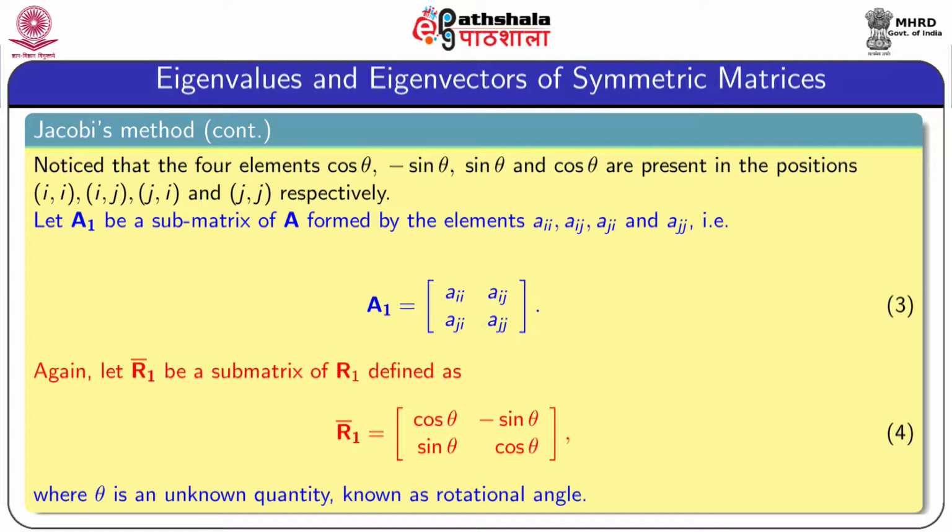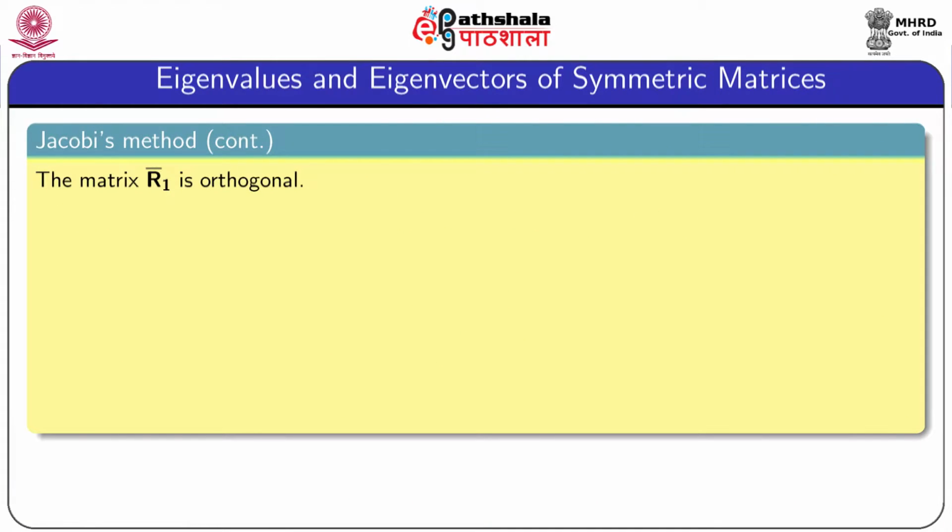Again, let R1 bar be a submatrix of the matrix R1 defined by R1 bar equal to cos theta, minus sin theta in the first row, sin theta, cos theta in the second row, where theta is an unknown quantity known as the rotational angle. That means R1 bar is a submatrix, and obviously this matrix is an orthogonal matrix, and hence the original matrix R1 is also an orthogonal matrix. The matrix R1 bar is orthogonal, which can be proved by direct multiplication.